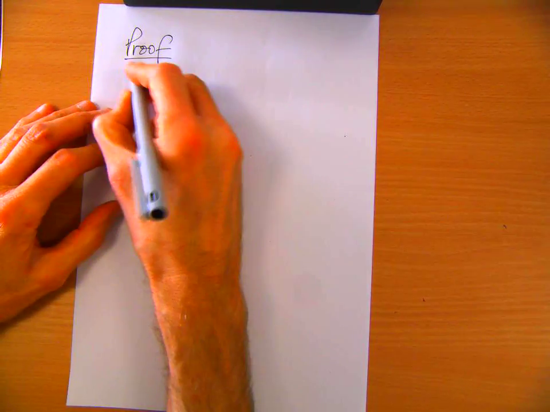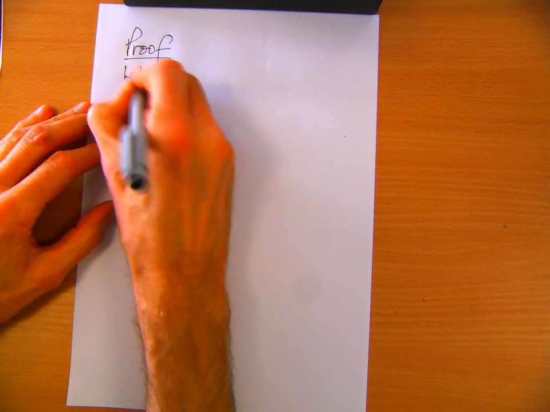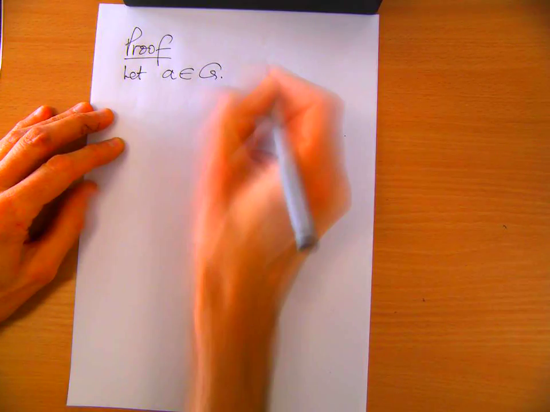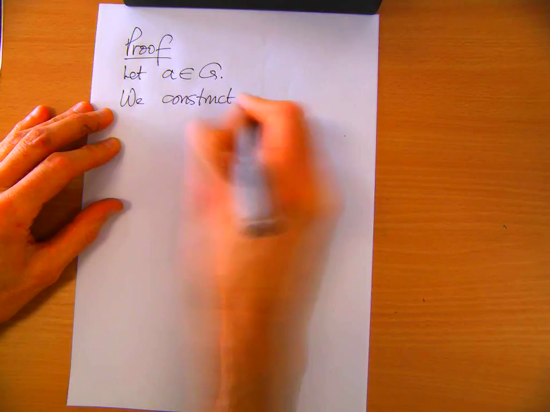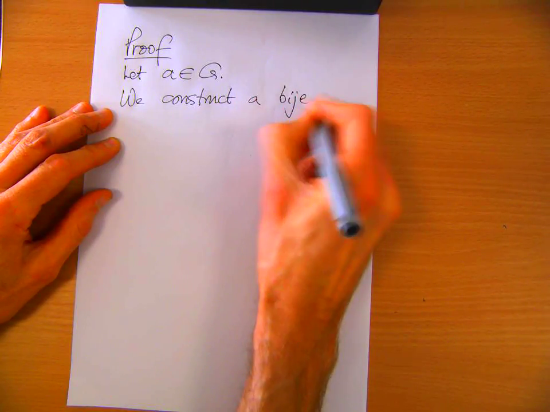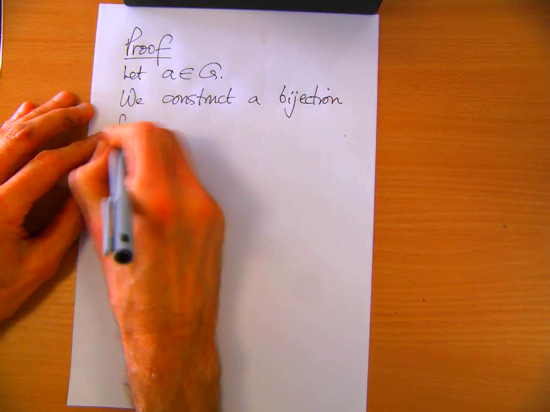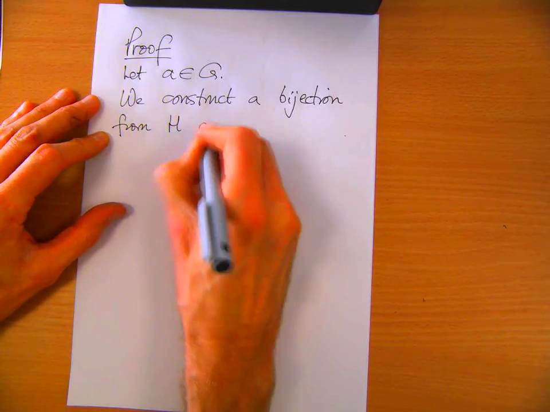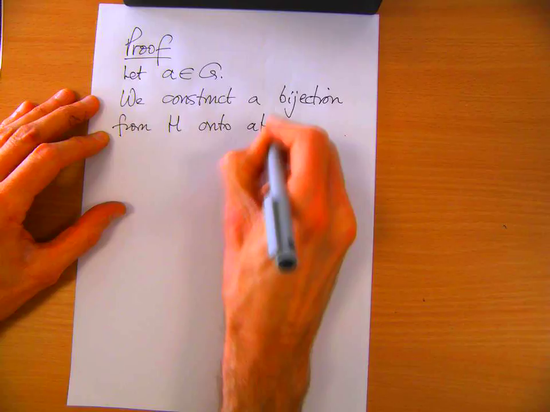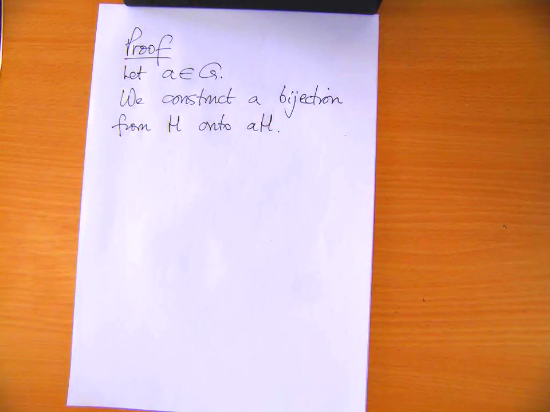I won't perhaps put in all the details. So let's take an element A of G, and we're going to construct a bijection, in other words a one-to-one correspondence, from H onto AH. Doesn't matter which way we go, it's a bijection.